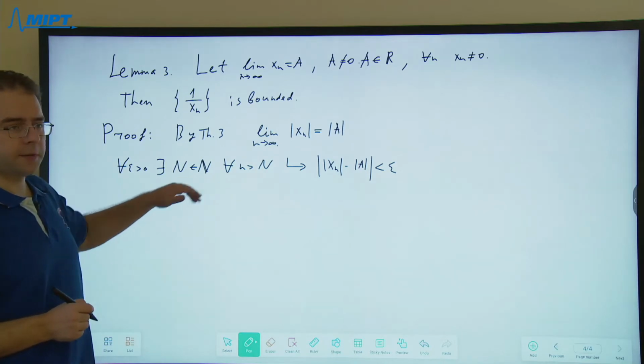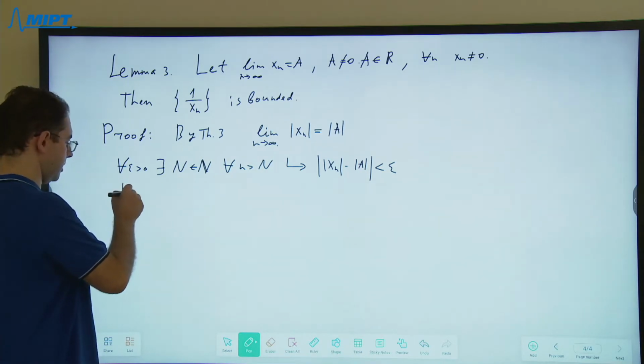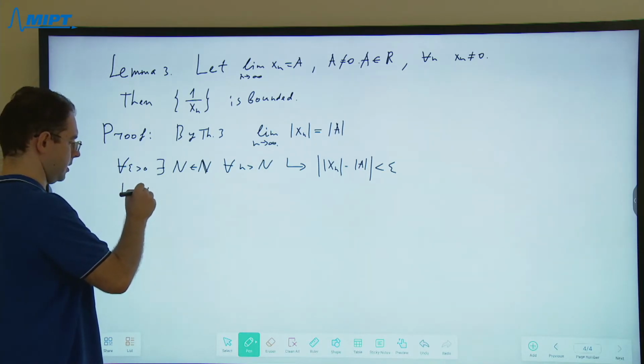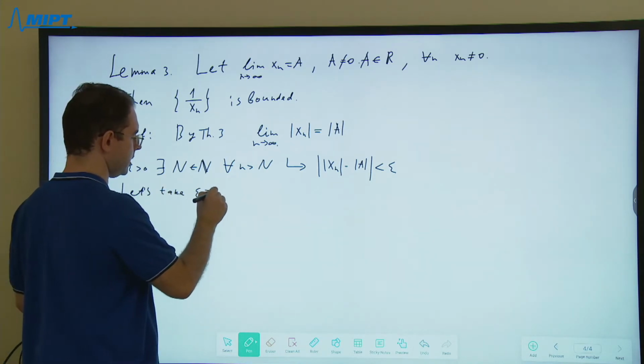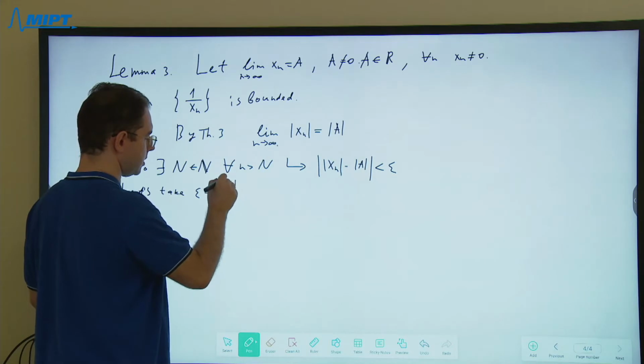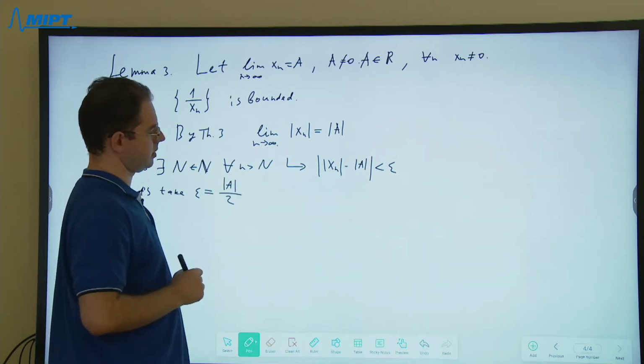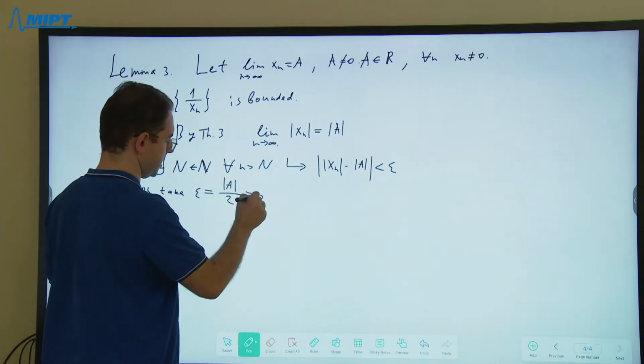And here in this definition, let's take epsilon equals absolute value of a divided by 2.